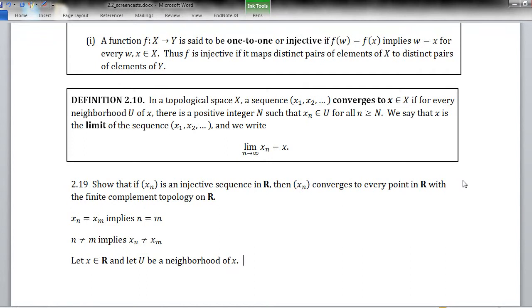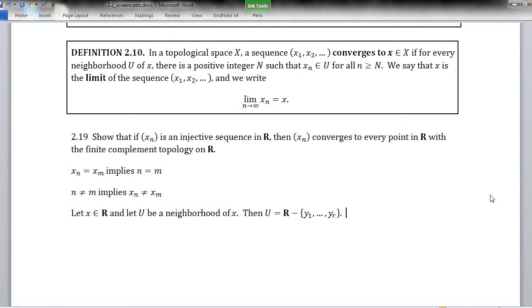And what do we know about open sets in this topology? This is the finite complement topology, which we've dealt with recently. And so, since U is open, we can say U is equal to the complement of some finite set. Maybe we can name its elements y1 through, how about yr, just to have something a little more concrete to stare at.